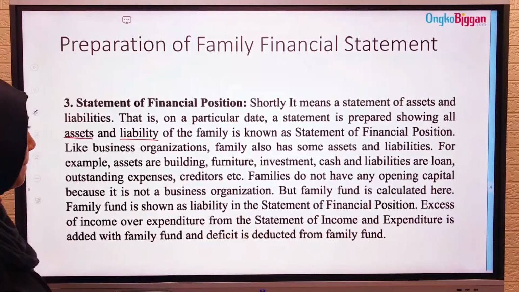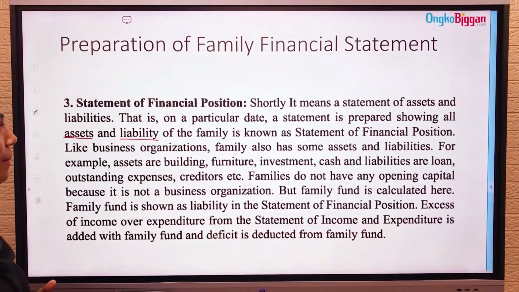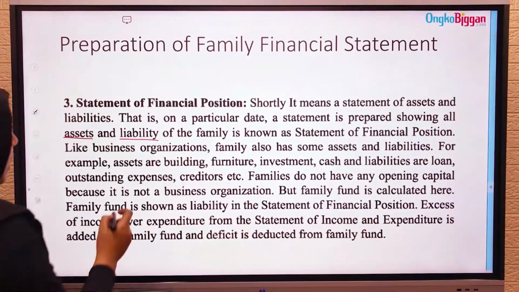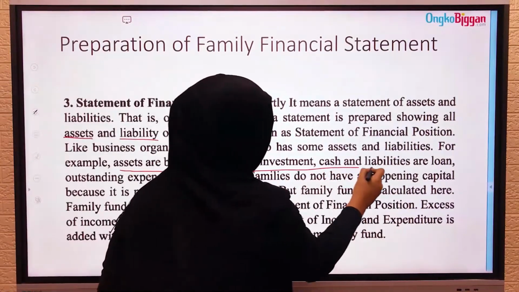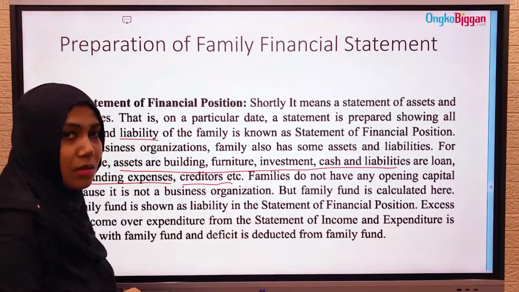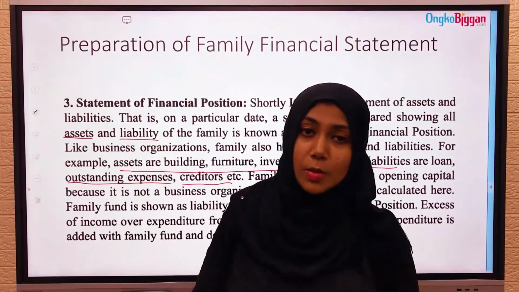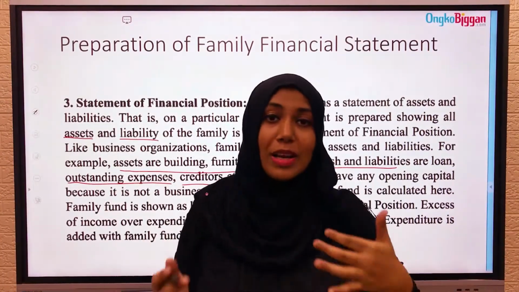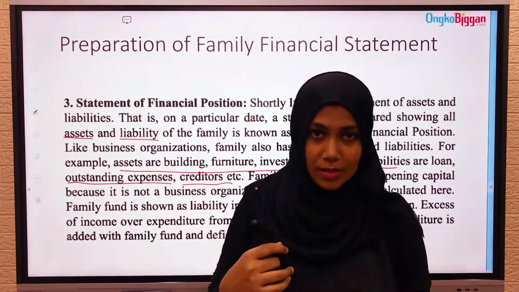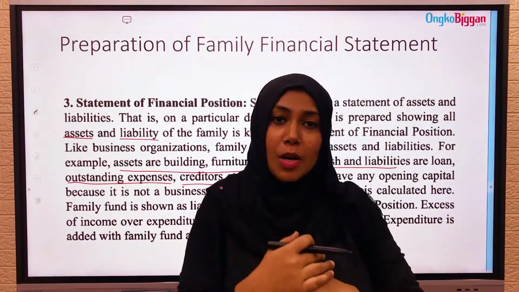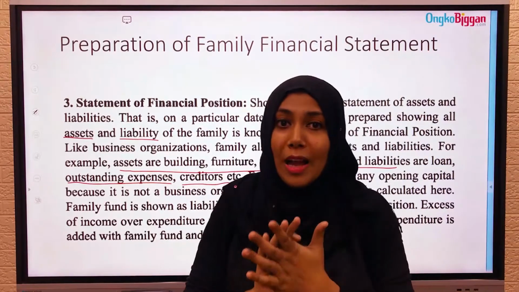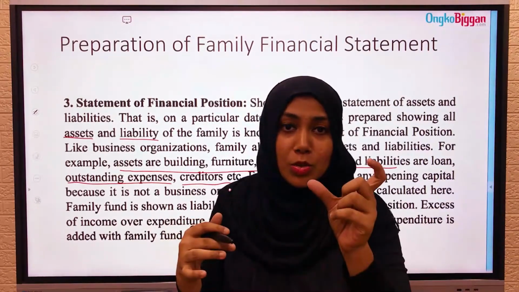So this is how in a family, assets and liabilities also occur. Like a business organization, a family also has some assets and liabilities. For example, assets are building, furniture, investment, cash, and liabilities are loan, outstanding expenses, creditors, etc. Outstanding expenses: as I told you, when expenses become more than your income, that's called outstanding expenses. I have a very good smartphone, but I need an iPhone 30 Plus Pro and all those things. So for that iPhone, I need to use my credit card.